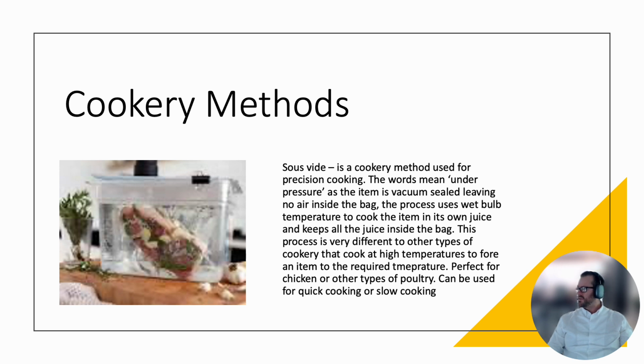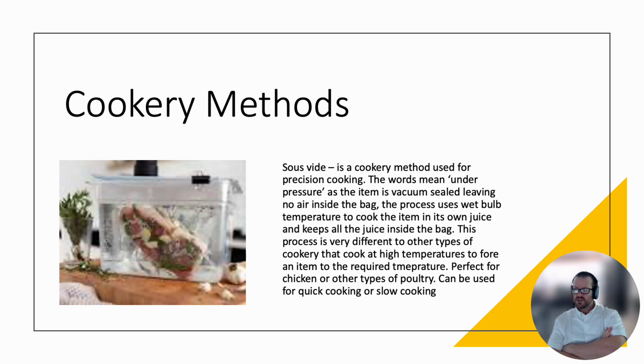The reason this is great is because it's about cooking a product to the exact temperature that you want it at. A very traditional cookery, like chicken breast, for example, is so variable in the way we cook this because items are different sizes.